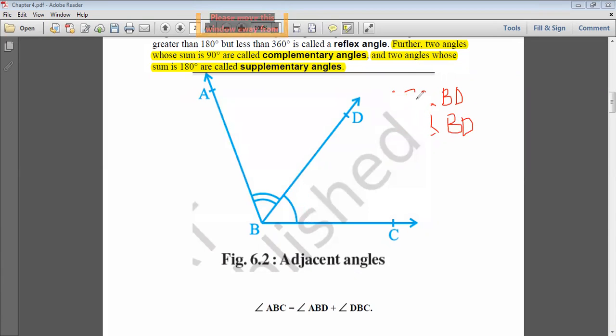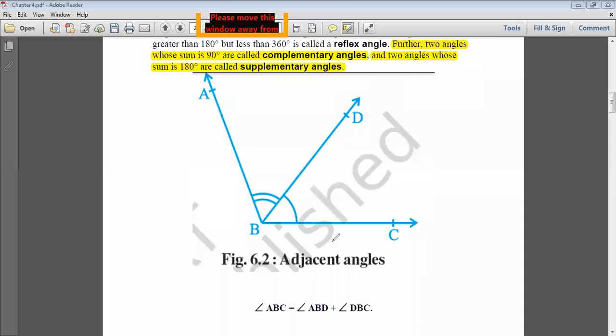Now look at the arms of both these angles. The common arm is BD. Right? So we can say that angles ABD and DBC are adjacent angles. Clear?